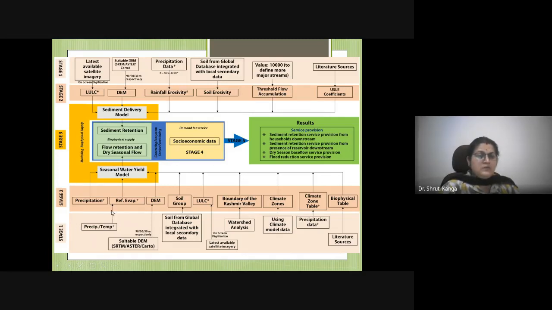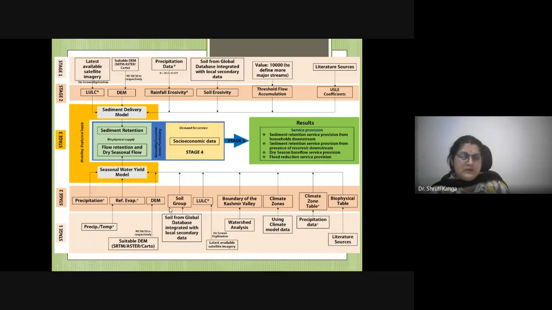then the precipitation, reference evapotranspiration, DEM, soil groups, land use land cover classification, boundaries of the Kashmir valleys, climatic zone tables, and other biophysical tables or parameters have been taken into consideration.